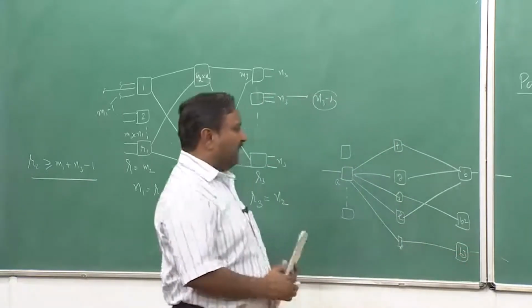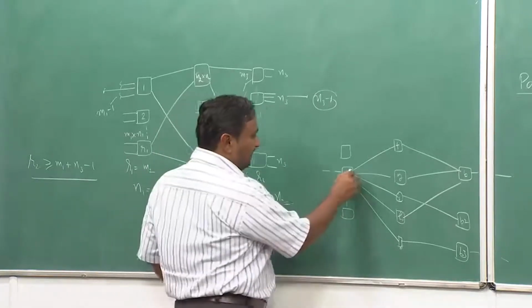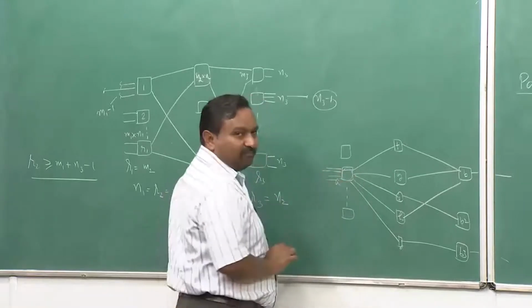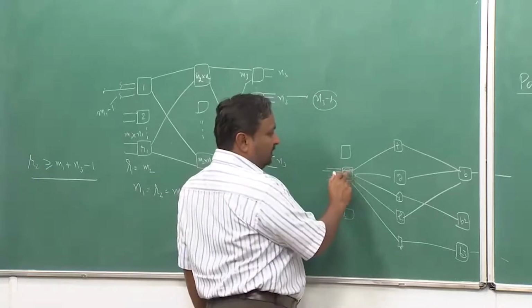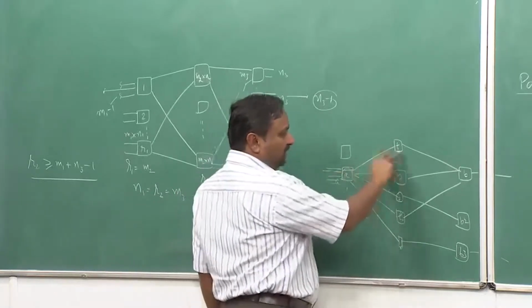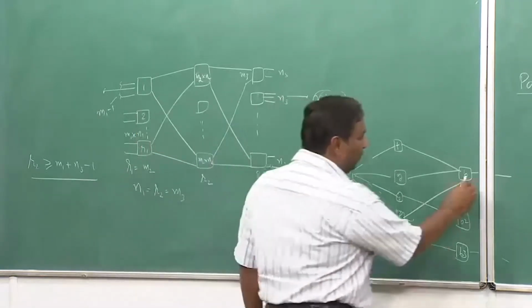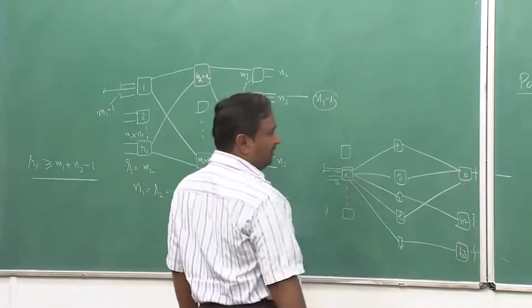It does not matter to which input port in the A switch this line is connected, because this is a strictly non-blocking switch. So, these ports do not matter. I have to worry about, from this switch A, which particular path has been used to connect to which particular switch in the output stage. These ports are immaterial.